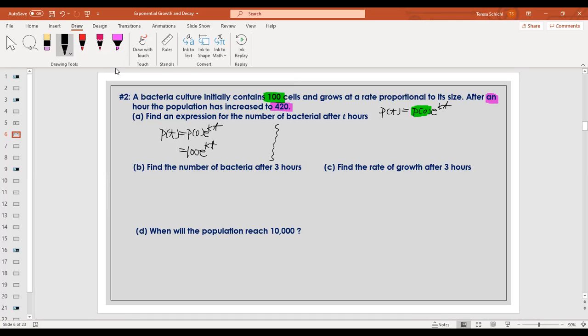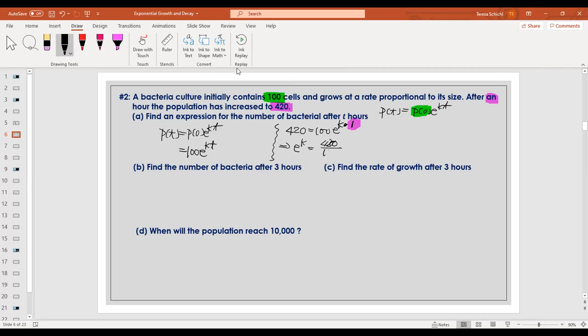So I need to figure out the relative rate. I have 420 equals 100 e to the k, and how many hours? 1 hour, so I put 1 in here. Now I can try to solve this. So I can say e to the k is equal to what?